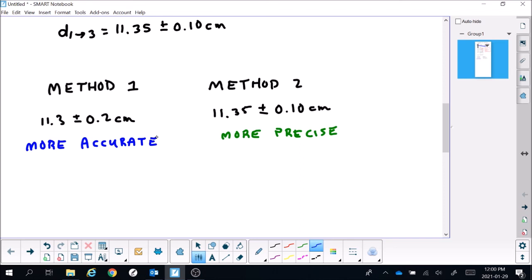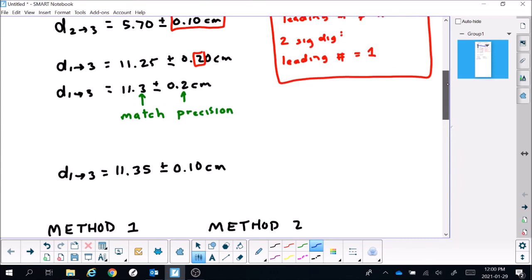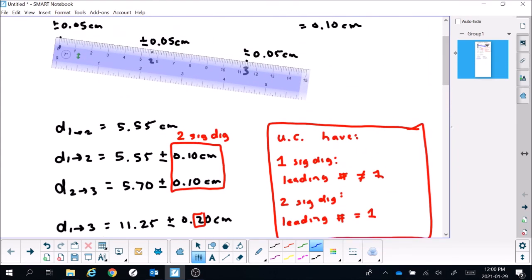Should you use method 2? Well, that is where we leave it to the realm of scientific discretion. In this case, the dots were quite well aligned. There wasn't too much deviation from 1 to 2 to 3. So it's actually a difficult decision in this one. Do we go for the more accurate one or do we go for the more precise one? I will leave that up to you, what you think is the better method.